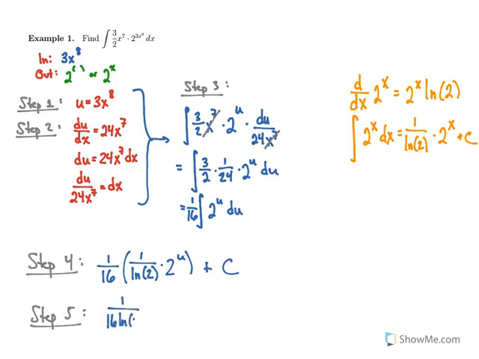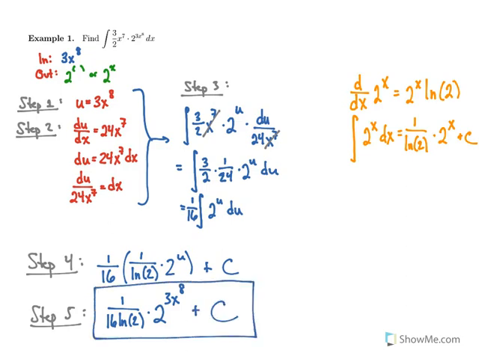So we have 1 over 16 natural log of 2 times 2 to the 3x to the 8th plus c. And there is our answer. This will actually end up being one of the more complicated antiderivatives that we have to do in this section with that 2 to the u, but I wanted to show some more complicated ones in this video.